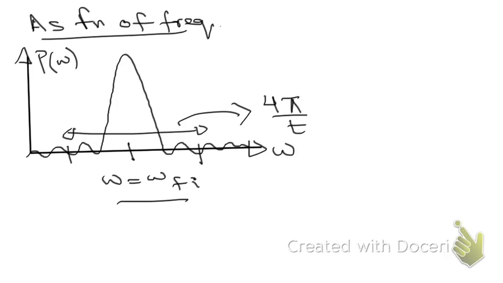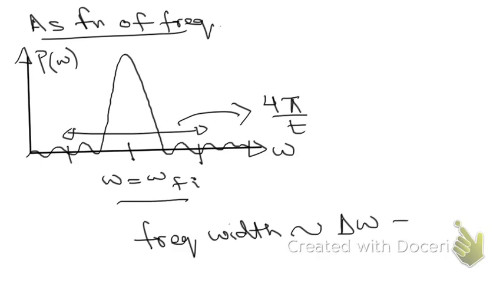And so the frequency width of the probability is approximately equal to delta omega, that is 4 pi over t, and the t over here is the duration of my interaction.